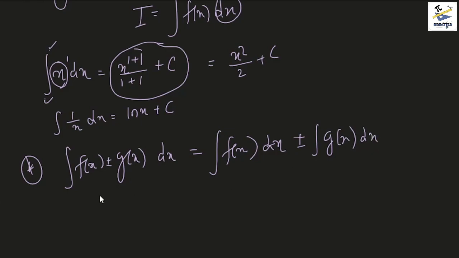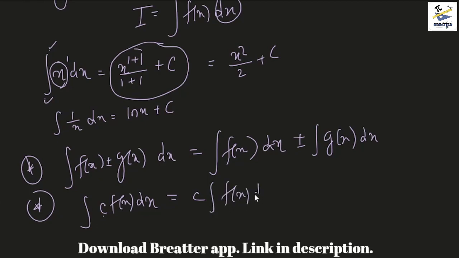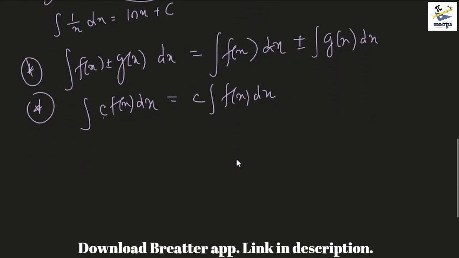If there is any constant c such that you have integral of c into f of x dx, where c is independent of x, c is just a constant. When I say constant, I mean it is independent of the integral variable. It will just give you c into integral of f x dx, right? So these are the two things we shall remember.